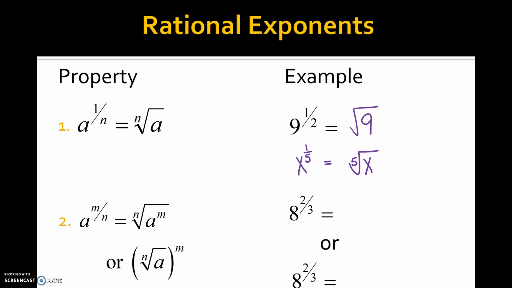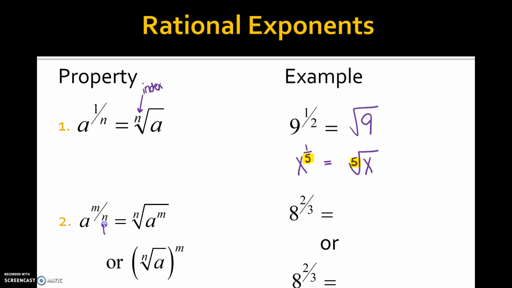So whatever number is in the denominator, whatever number is on the bottom of that fraction, that number becomes the index. The number in the checkmarky part is called the index. We should probably write that in here. So this number is called the index. So the bottom part of the fraction exponent becomes the index.